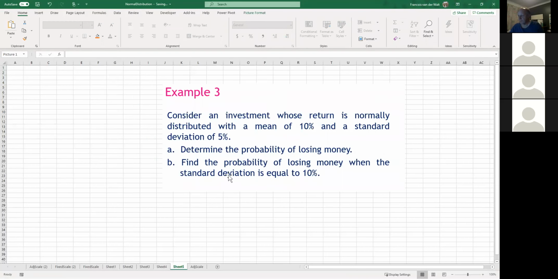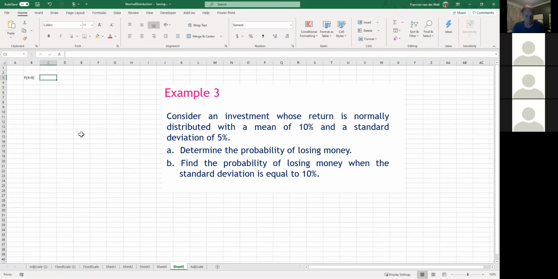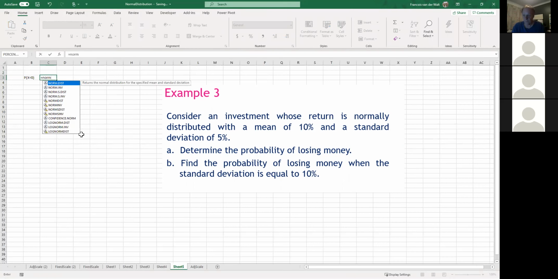Okay, so the probability we want to look at is the probability of X less than 0. That's when we lose money, isn't it? Okay, so all I have to do is fill in my form. Norm distribution. X is 0.